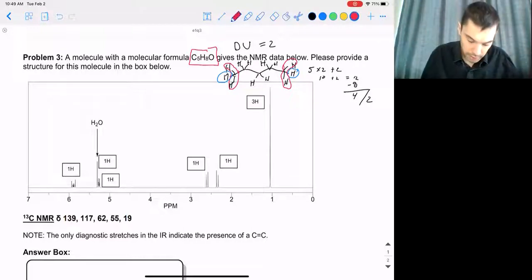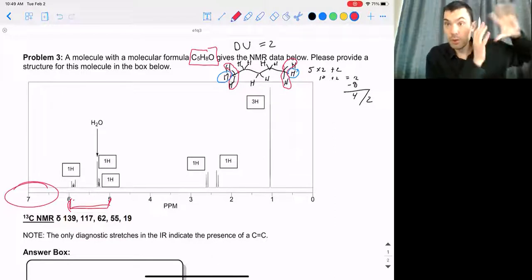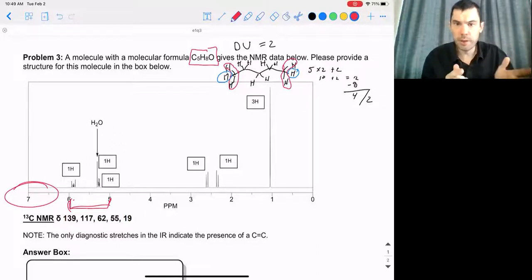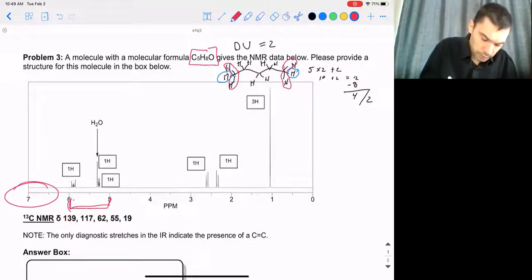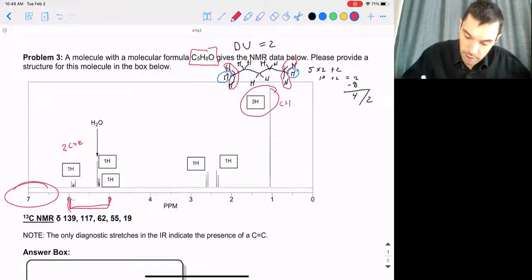And as I quickly scan everything, I'll notice I've got some stuff up here, and that's going to be important because it's not in the benzene rings area. So remember, benzene rings are usually above 7. And this is going to be the double bond region. And so, right off the bat, I'm going to question double bond. And then as I scan down here, I always love having singlets for 3, because that obviously has got to be a CH3.